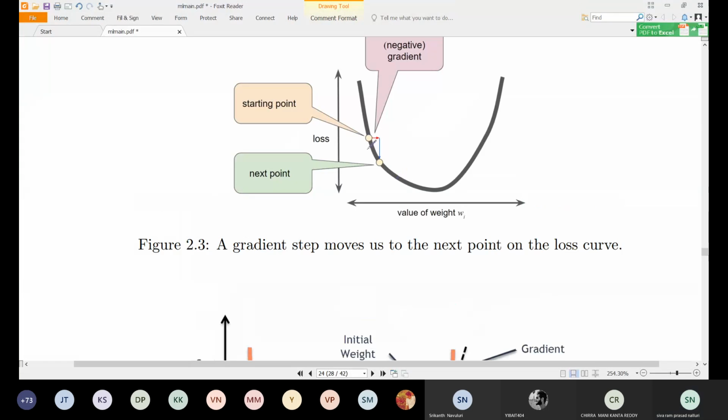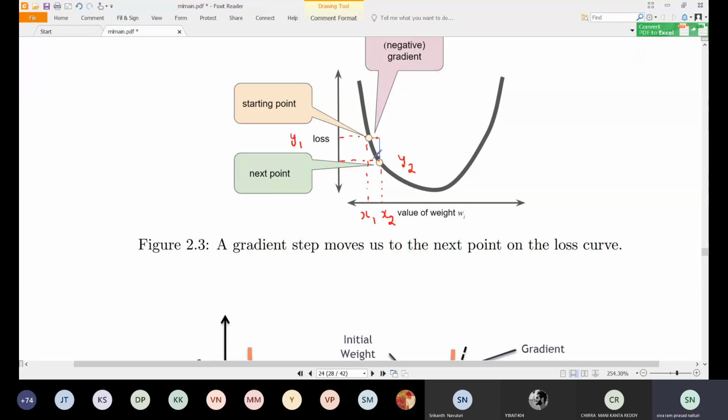Suppose this is x1, and this is x2. So for a change in x, there will be a change in y. Let us say this is y1 and this is y2. So how do we calculate the slope of this curve?